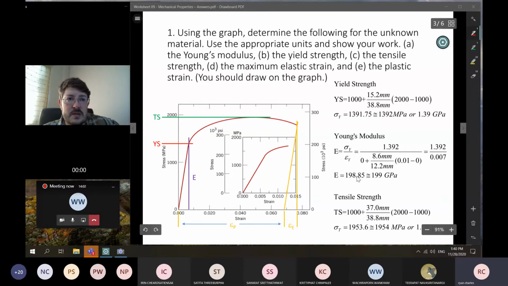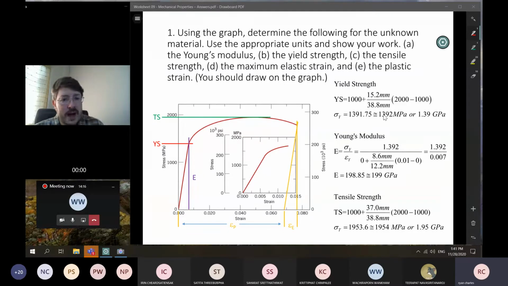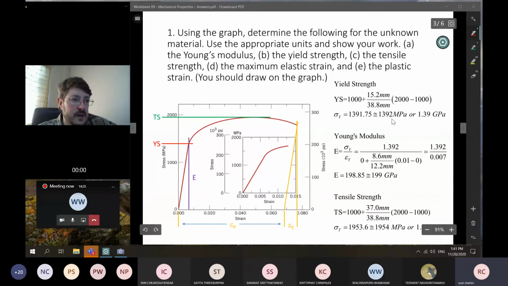It was about 200 GPa. I think most of you were right around there. If you're off maybe 100 MPa up or down, that's probably reasonable. If you're getting into 200 or 300, you're measuring something wrong or just plain different.